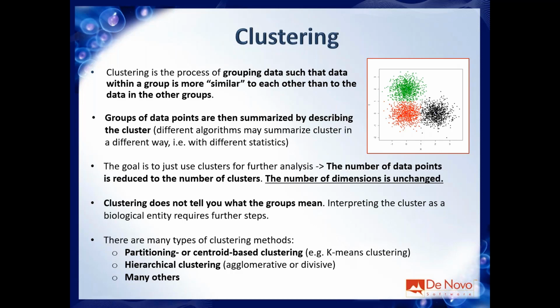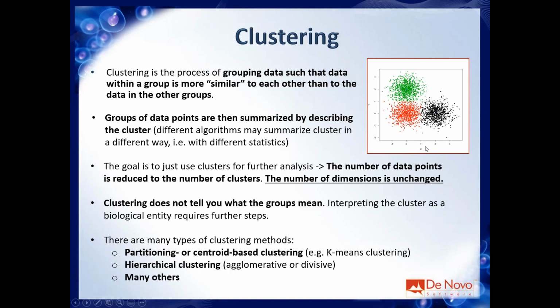As you can see, we are not dealing with dimension. We are not reducing the number of dimensions. We are reducing the number of objects. So this means that the number of dimensions is unchanged. In this case, instead of, let's say, 3,000 dots, we end up with just 3 objects, so 3 clusters, and still we are dealing with 2 dimensions.